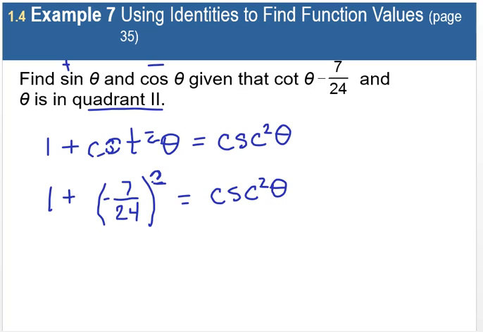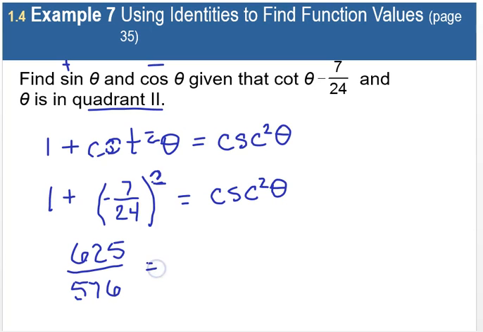Okay, so we actually get some pretty big numbers here. I had to stop and get me a calculator. This side of the equation right here is equal to 625 over 576. You're able to take the square root of these two numbers evenly.